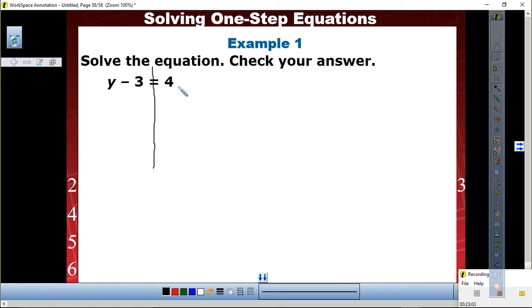No. How about this side? No. We can't combine like terms or use the distributive property or anything like that, right? Therefore, step 2, isolate the variable using inverse operations. So what is the operation right now here? So what the inverse would be, so we add 3, and whatever we do to one side, we do to the other side to keep it balanced. This cancels because it's a zero pair. Bring this down, y equals, and this is 7.